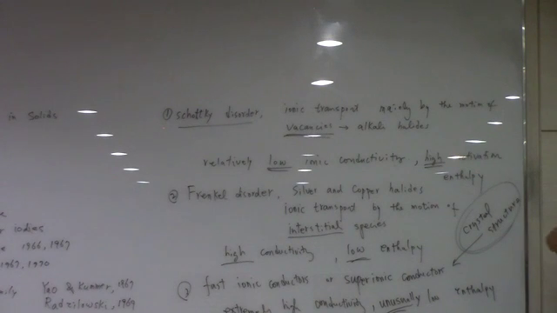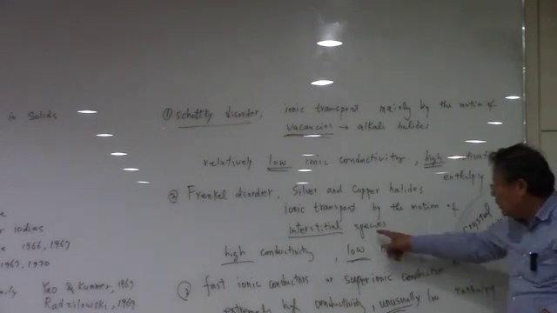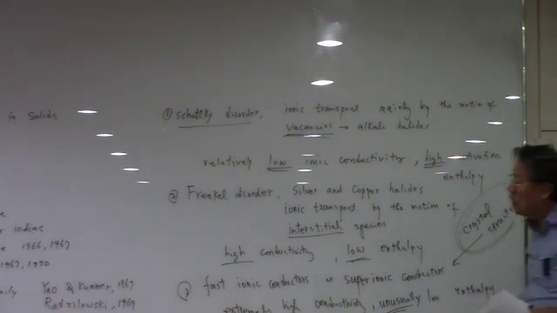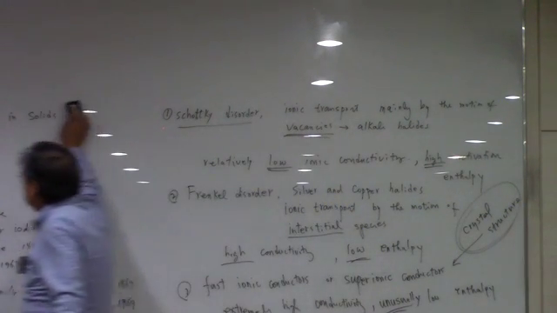So, in any sense, the interstitial species are important in a rapid ionic transport.